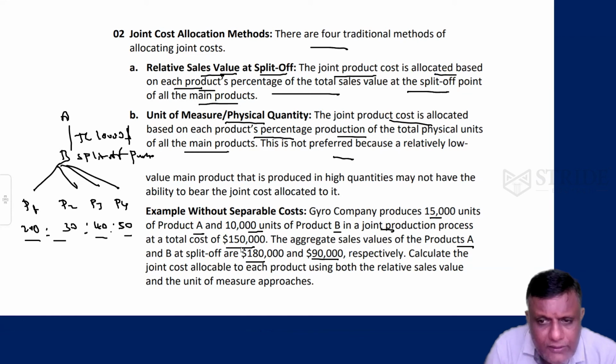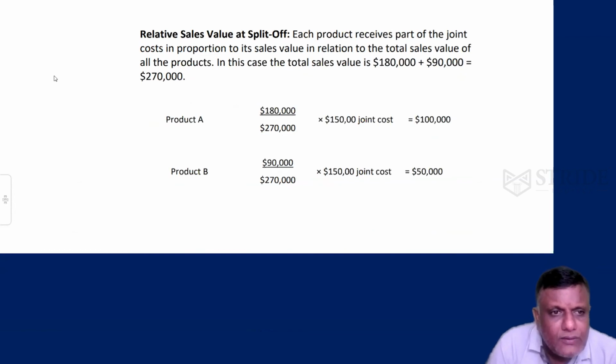But the total joint cost is 150,000. So what are the different methods available for the joint cost allocation?